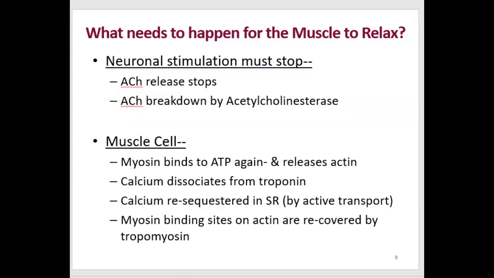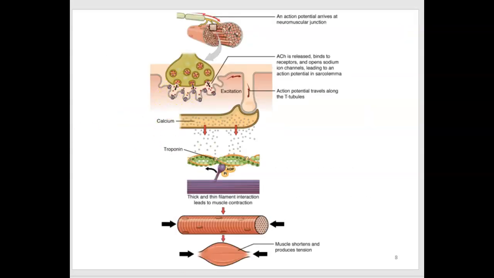So back at the neuromuscular junction, some of the acetylcholine will diffuse out of the cleft. That diminishes how much is present there. And some of it is broken down by this enzyme called acetylcholine esterase.